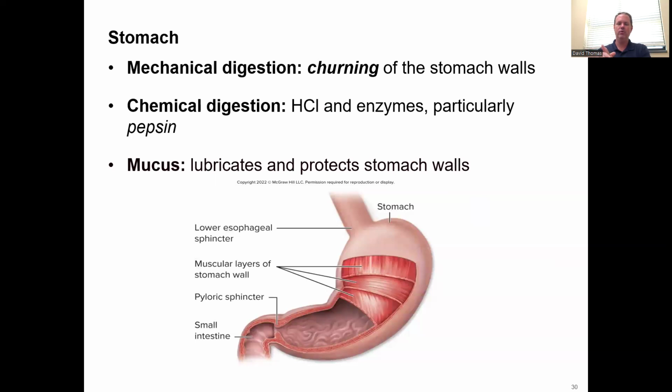In the meantime, it's squeezing and mixing that food with HCl, that's hydrochloric acid. Other enzymes are there, especially the enzyme called pepsin. Pepsin helps to break down proteins. When you digest proteins, they break down smaller and smaller into small chemical units called amino acids.